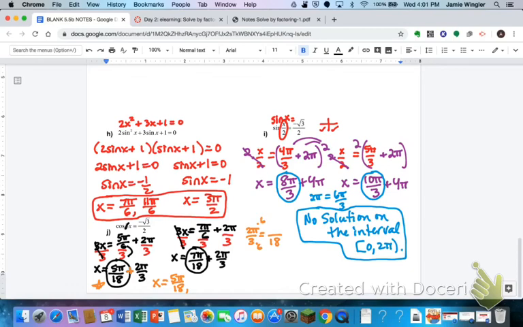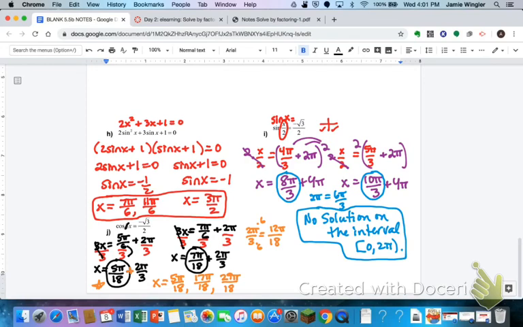Well, you'd multiply top and bottom by 6, and you'd get 12 pi over 18. So we need to add 12 pi to our numerator. 5 pi plus 12 pi is 17 pi over 18. 17 pi plus 12 pi is 29 pi over 18.